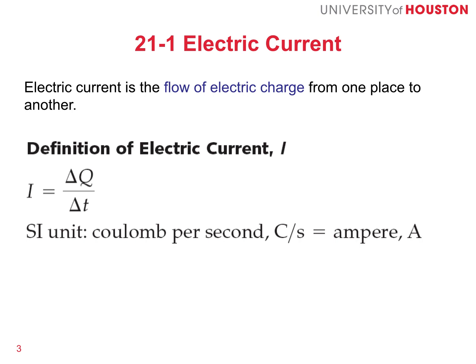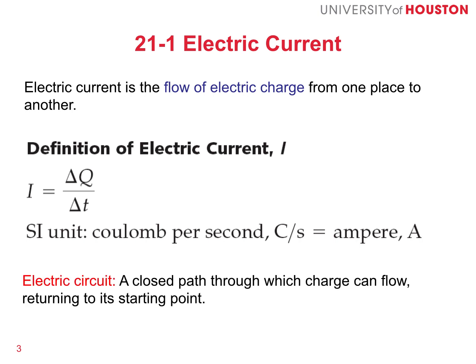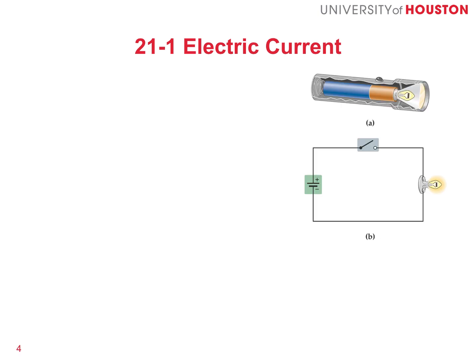An electric circuit is a closed path along which charge can flow, returning to its original point. A flashlight is an example of an electric current that flows through a closed electric circuit.